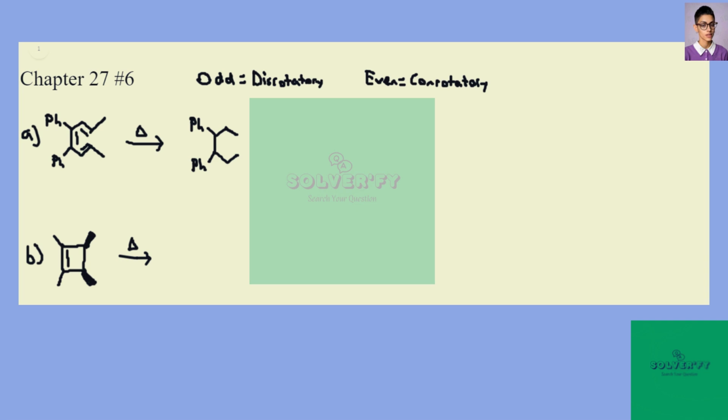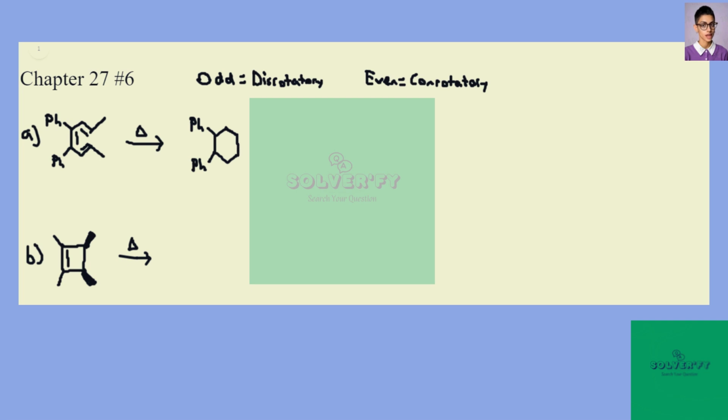To look at these two examples, for A, we see that in our conjugated polyene, we have an odd number of double bonds.